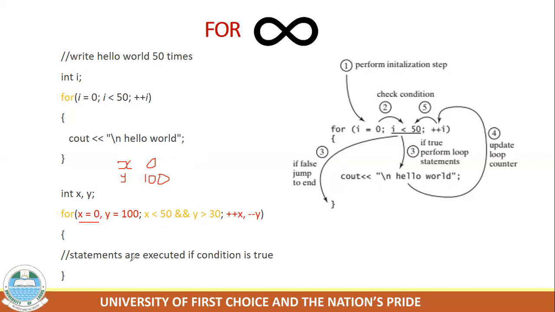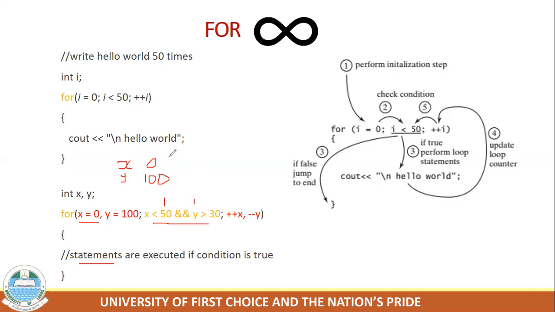Now for this statement to be executed, you can see our AND operation. Is 0 less than 50? Yes, that is true. And is 100 greater than 30? That is true. So this statement here will be executed. Then it increments.